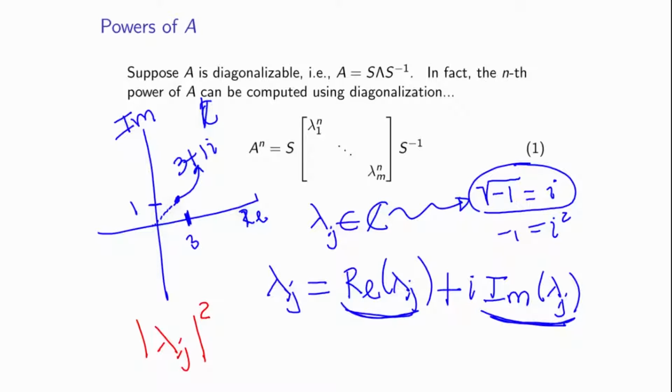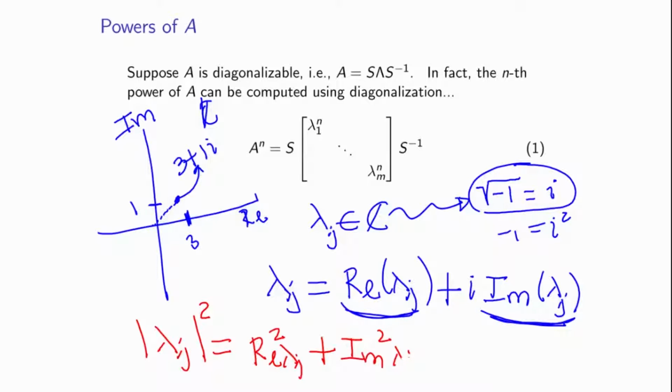So the absolute value squared, the modulus squared of lambda j, would be the square of the real part plus the square of the imaginary part. That means that if we take the square root on both sides, we obtain that the modulus of lambda j is the square root of the sum of squares, where each of those squares is the real part and the imaginary part respectively, right? And that would be the generalization of the modulus of a complex number.